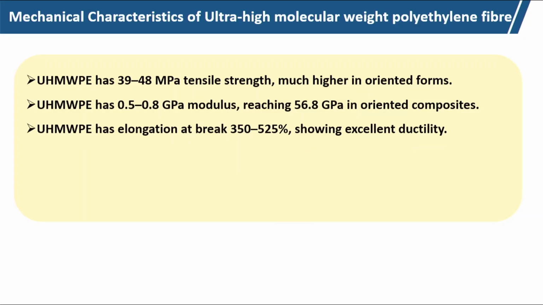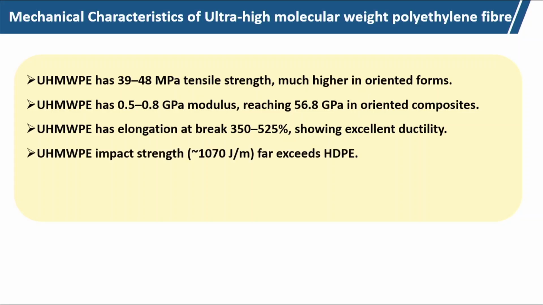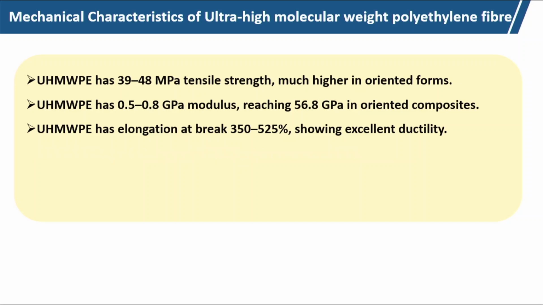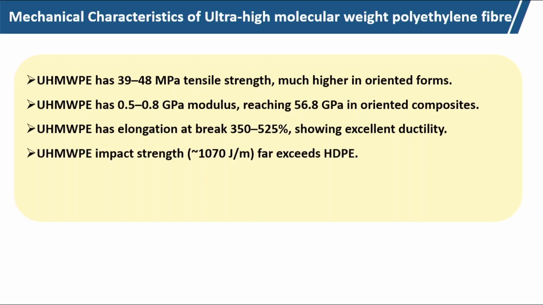It has elongation at break of 350 to 525%. It is a very high elongation at break, showing excellent ductility. So, that is why it can be used for cut protective textiles, where it can absorb that extension, and for bullet protective textiles also.